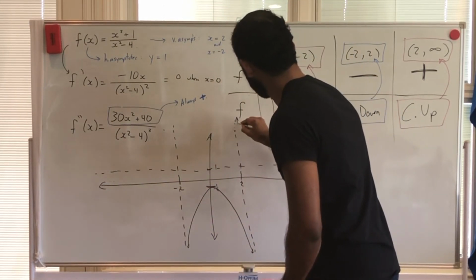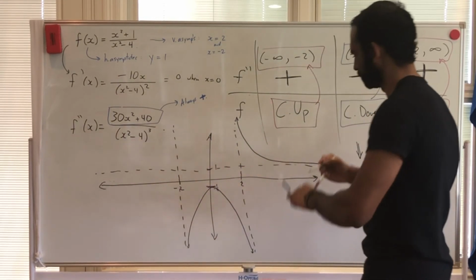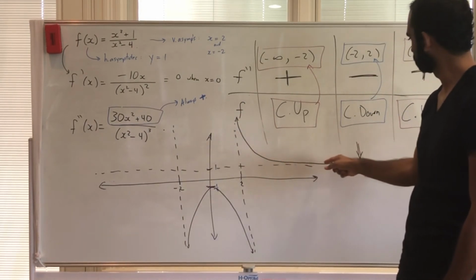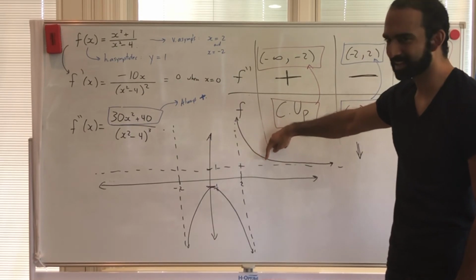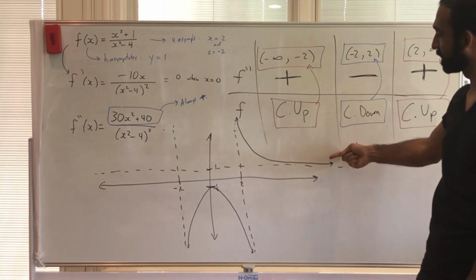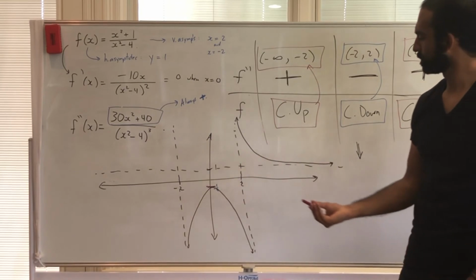So this graph is never hitting 1, right? No, it's always getting closer and closer to 1. The slope is always increasing from a negative value to being less and less negative, approaching 0. The slope is increasing even though the graph is decreasing.